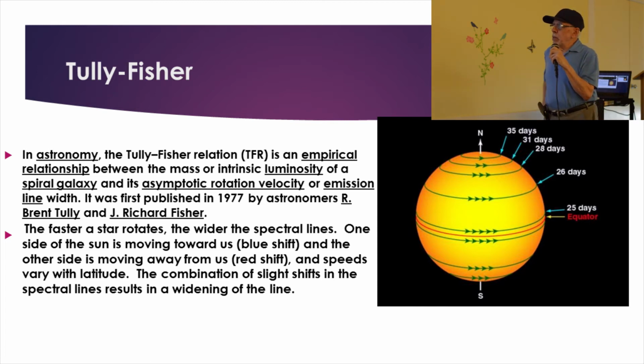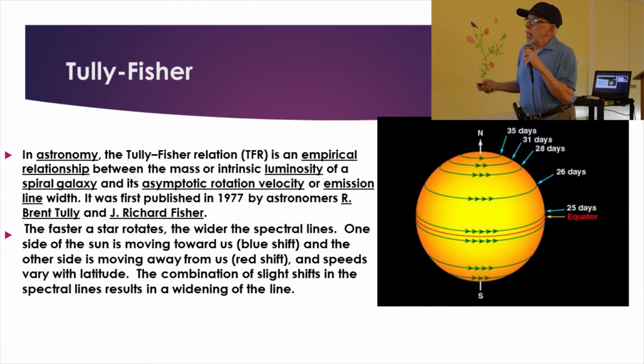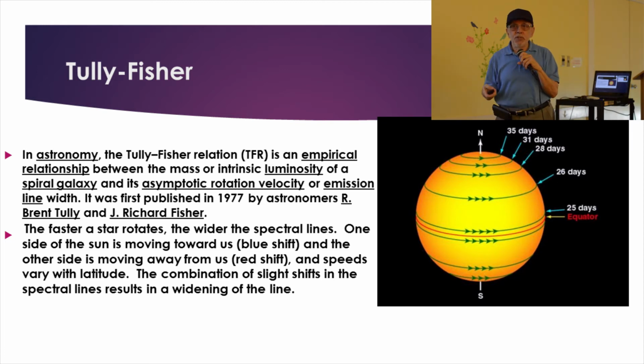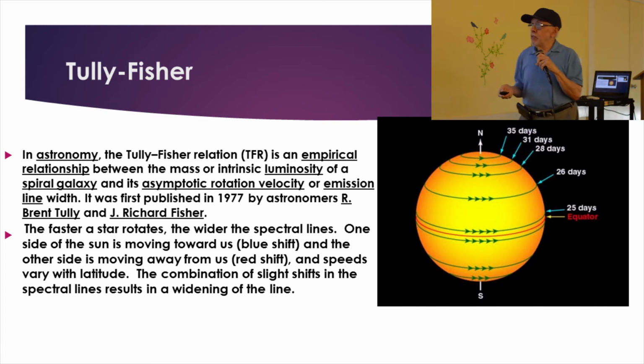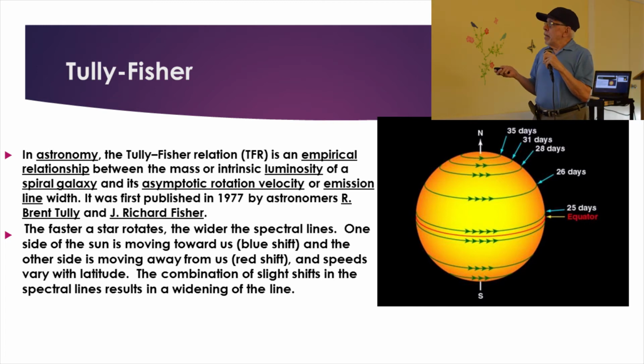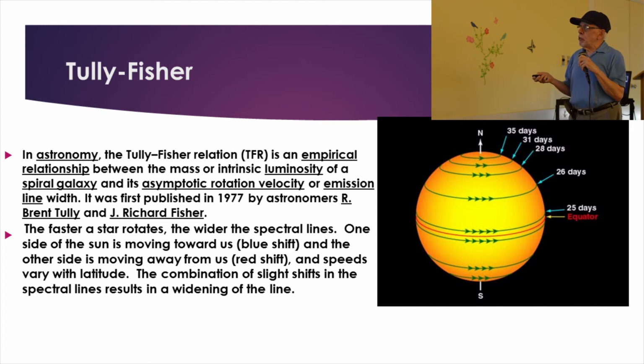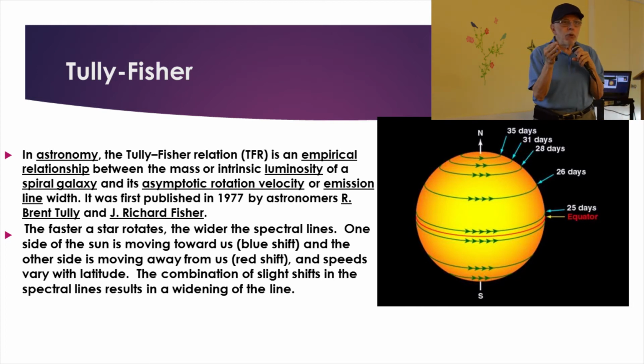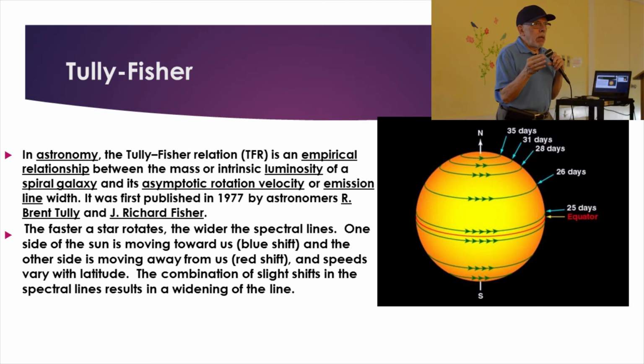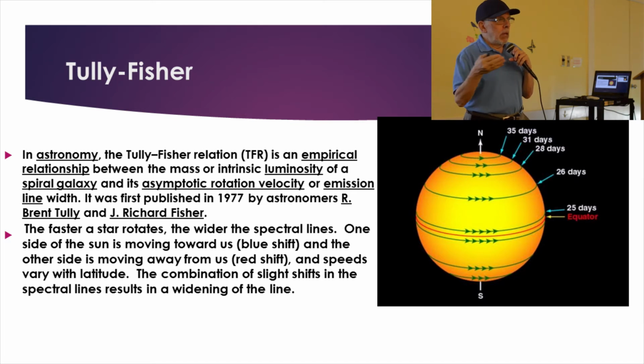It turns out that as a star rotates on its axis, like the sun rotates, the part of the sun that is moving away from us, okay, will show a shift in the spectral line, okay, toward the red end of the visible spectrum. It's called a red shift, okay?